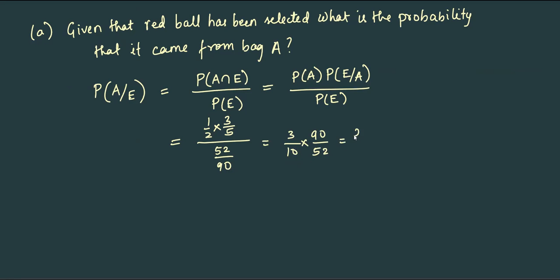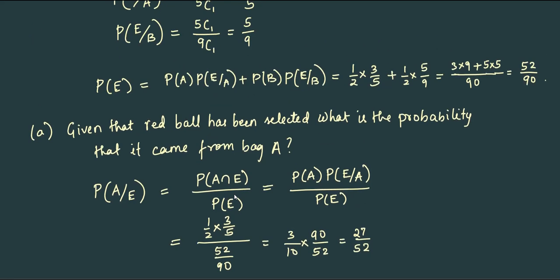So this is 27 by 52. That is the probability that it has come from bag A.